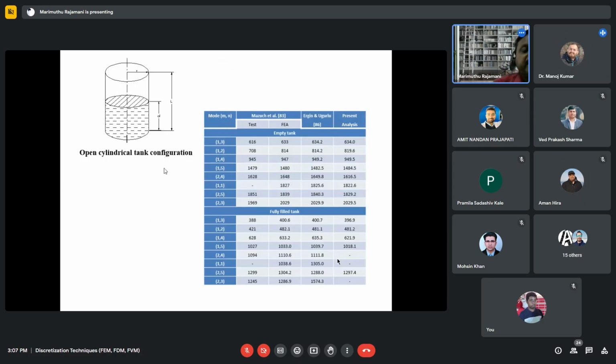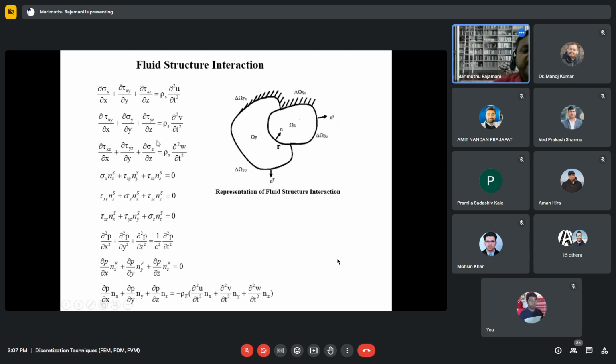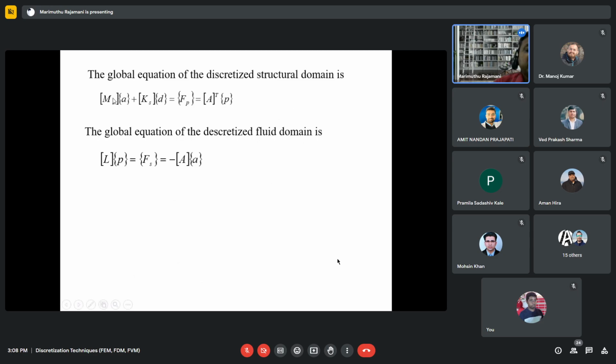So this is an example. Finally, the take home is this is the structural portion, and because of the fluid you will get a pressure, a force on the structure, and due to the interface you will get a matrix, and that is substituted back into the structural equation, and you will get mass added due to the presence of the fluid.